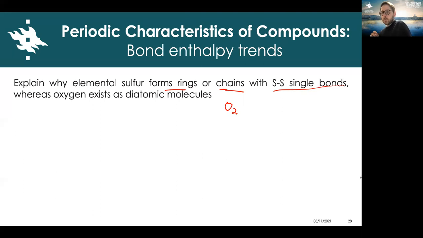And think about what would be probably the difference between the enthalpies for a single sulfur-sulfur bond and a double sulfur-sulfur bond and a single oxygen-oxygen bond and a double oxygen-oxygen bond. So this is the key, looking at these different bond enthalpies.